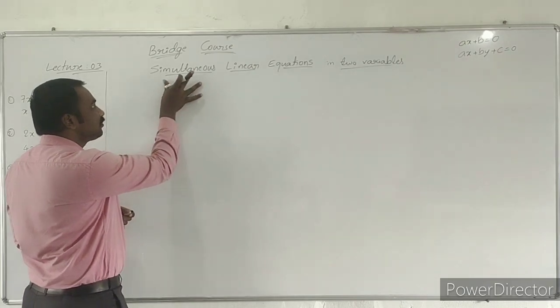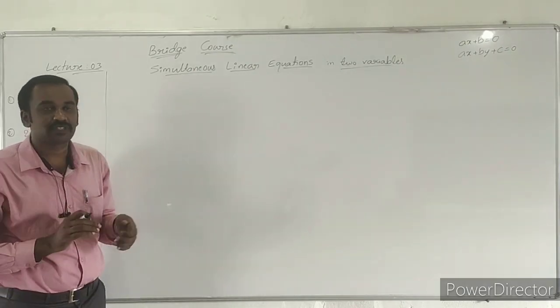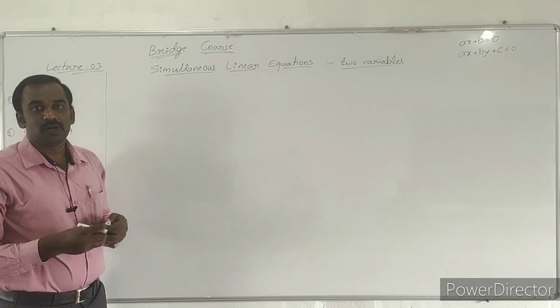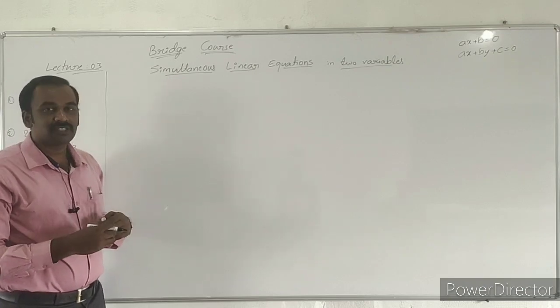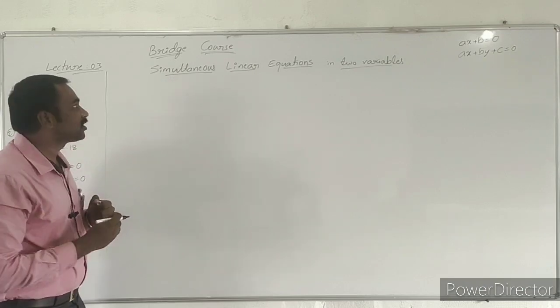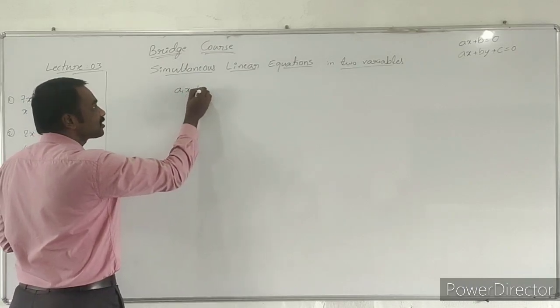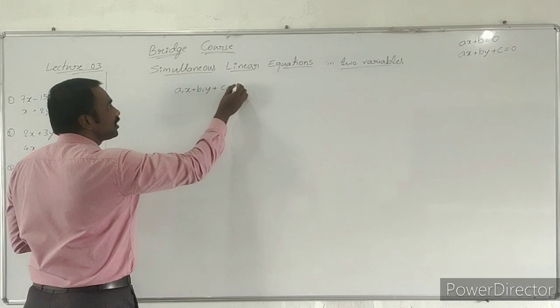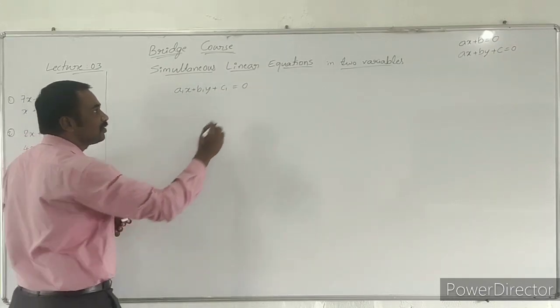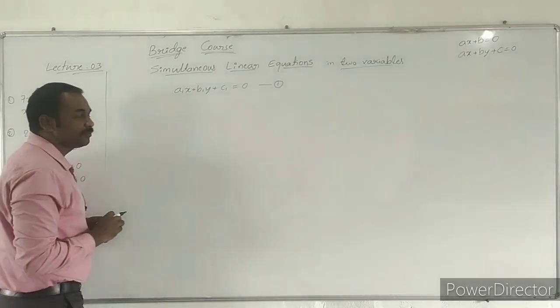The only new word is simultaneous, which means that two or more equations are given at a time. For example, I will consider a1x plus b1y plus c1 is equal to 0. I will call this equation number 1.